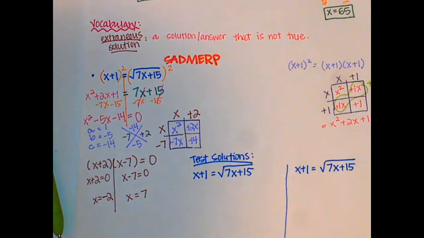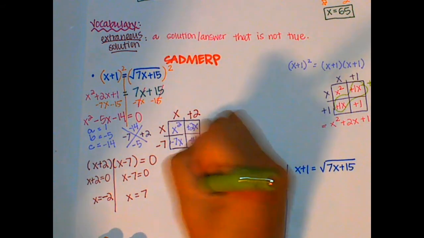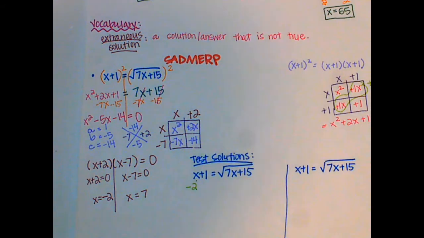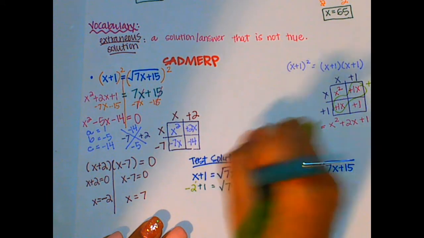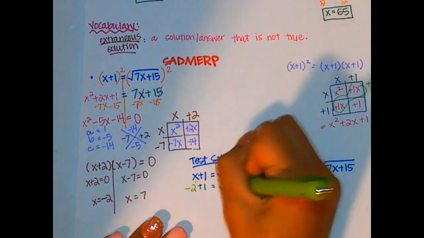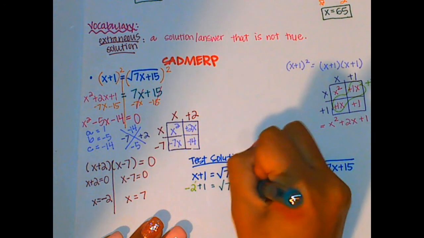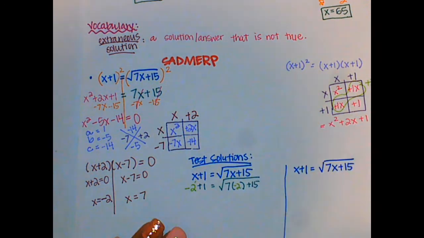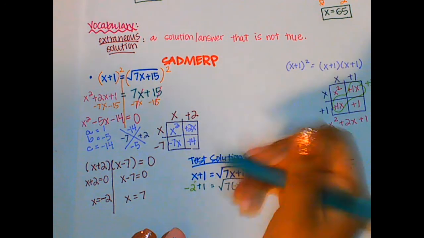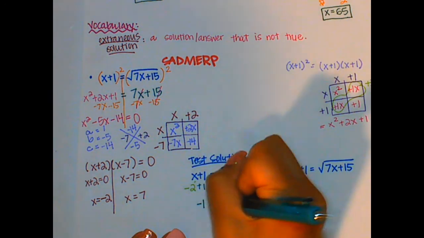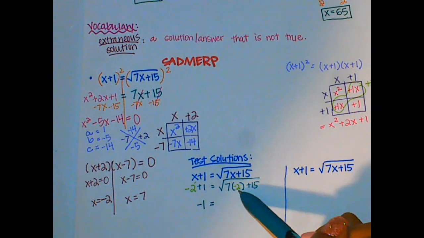So since they are x's, instead of this x, I am going to write negative 2 plus 1 is equal to the square root of 7 times negative 2 plus 15 over the square root. Okay, negative 2 plus 1 is negative 1. 7 times negative 2 is negative 14.